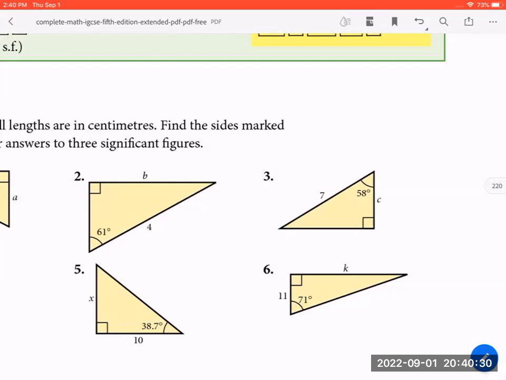The 10 is the adjacent and x is the opposite. But it's adjacent to what? Adjacent to the angle. The 90 degrees angle or the 38.5 degrees angle? No, we are speaking about the angle that is not 90. Okay, I'll just write that down.